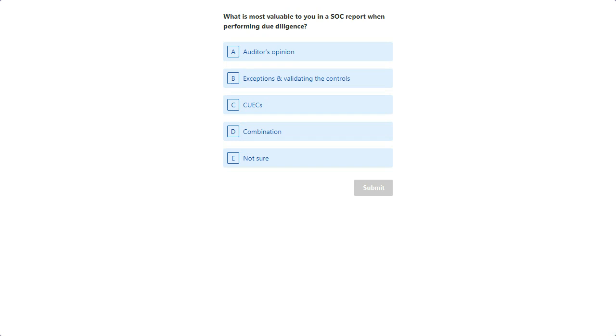The SOC is always going to be extremely valuable, even just as a window into how the vendor operates. I will also say, though, that you do need to be careful about using the SOC as your only piece of due diligence. That's not generally best practice anymore, just because there's so much more to the due diligence process than just that SOC review, especially if they're a technology vendor, a high-risk vendor, or a critical vendor.